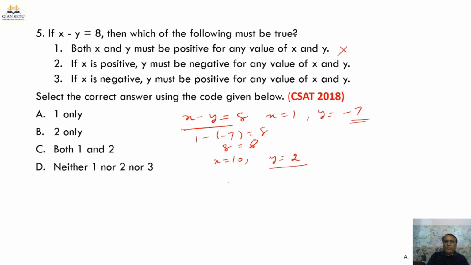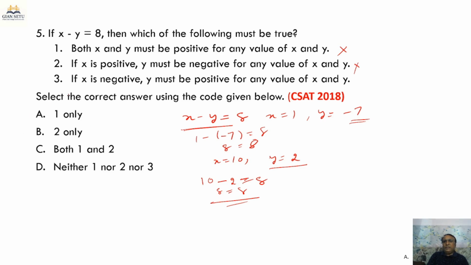Now x is 10, minus 2 is equal to 8. With these values also, the second statement is not necessarily true.